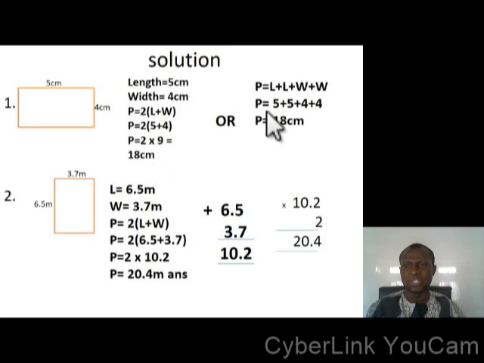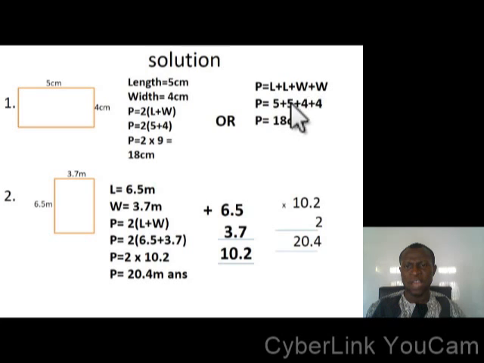You can actually solve it this way by adding all the sides. Here is 5. That means this place must definitely be what? 5. If this place is 4, this place must definitely be what? 4. Because we say opposite sides of a rectangle are equal. So we have 5, 5, 4, 4. So we can actually solve it with the first formula that we got there, which is perimeter, length plus width, in which length, we have 2 of it.